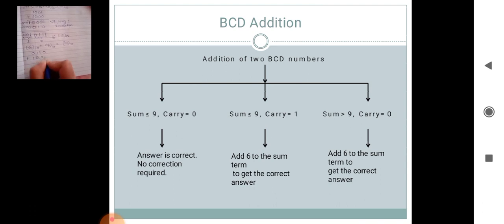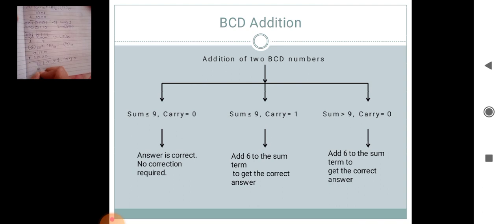That means 1000. 0 plus 0 is 0, 0 plus 0 is 0, 1 plus 0 is 1, 0 plus 1 is 1. Now you can see that this is greater than 9. Sum is greater than 9. Carry is 0. So this is the third case. Sum is greater than 9, carry is 0. You need to add 6 into the final answer to make it correct, valid BCD.